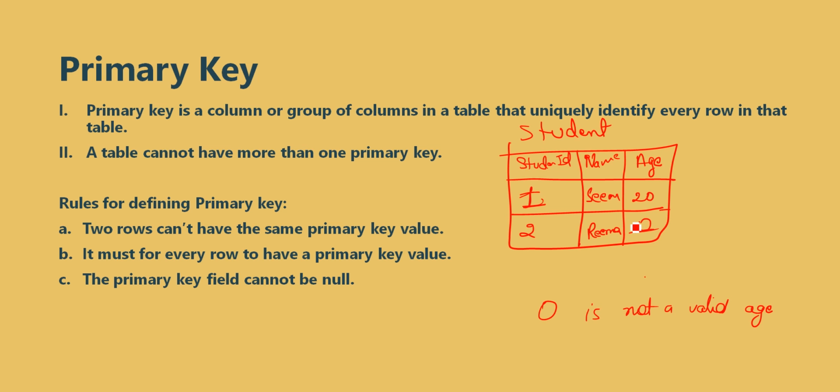I don't know about Reema; I can estimate her age only when I see her. She can be a little child, a younger child, or an old person. So I cannot even estimate the age. What will I store here? I cannot store 0 because no person has age 0.